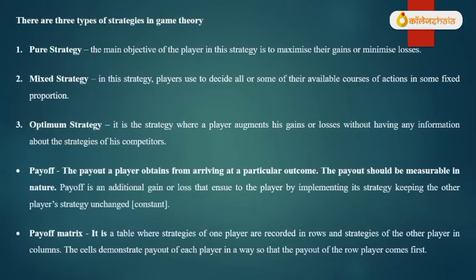As we know about the strategy, the game and the players, now if you look at the types of strategy, you will find three types of strategies in game theory. One is pure strategy, another one is mixed strategy, and the third one is optimum strategy. Now let me tell you what is pure, what is mixed, and what is optimum.